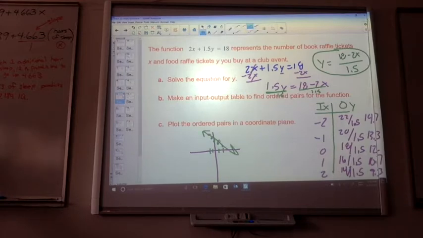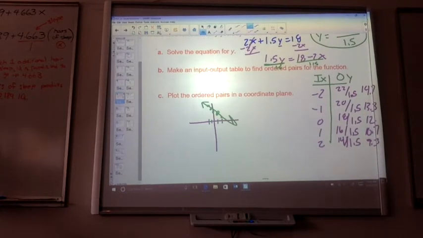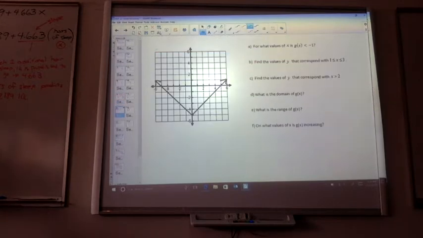Let's just pretend I can draw straight. Is that okay? So again, you might have to use your calculator sometimes. Oh, okay. All right, hang on. We have a graph that looks like the letter V, kind of.